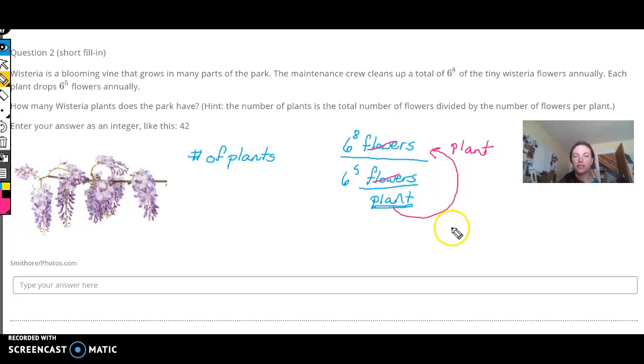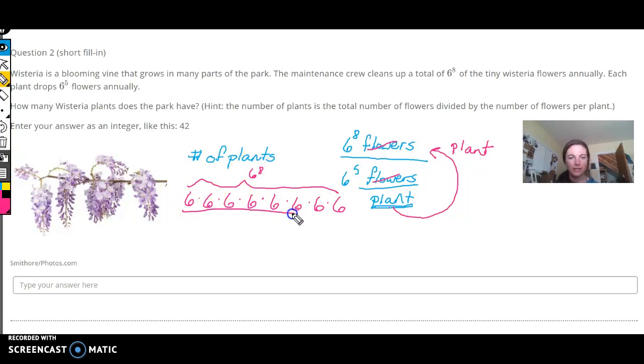So let's go ahead and do that operation. We're going to divide 6 to the 8th by 6 to the 5th. If we write this out the long way, it's 6, 6, 6, 6, 6, 6, 6, 6. So this is 6 to the 8th.